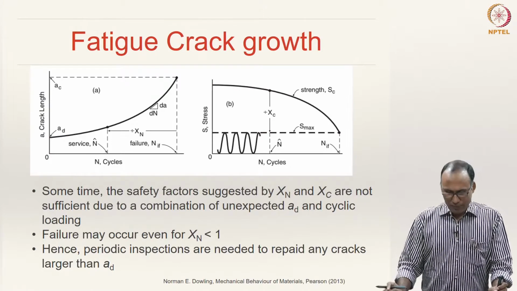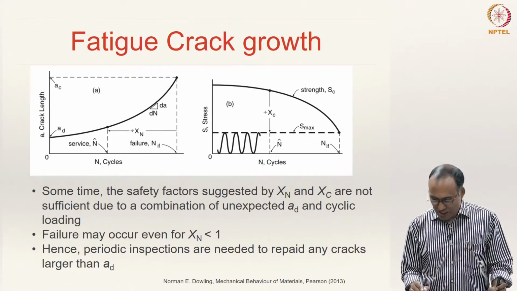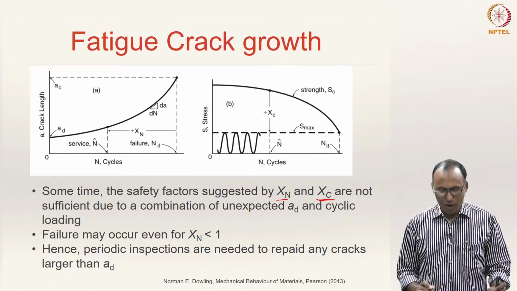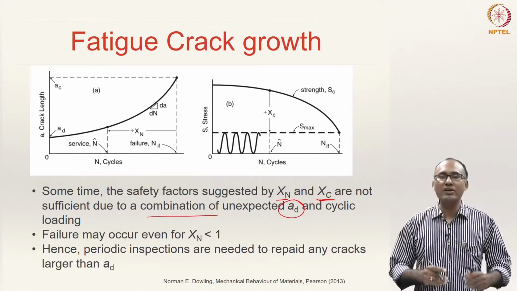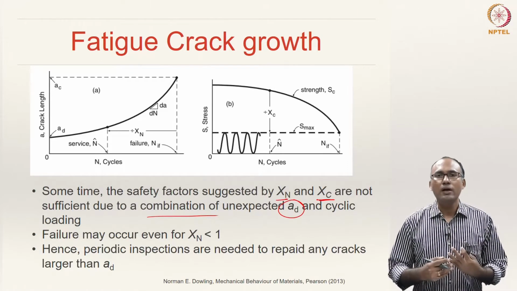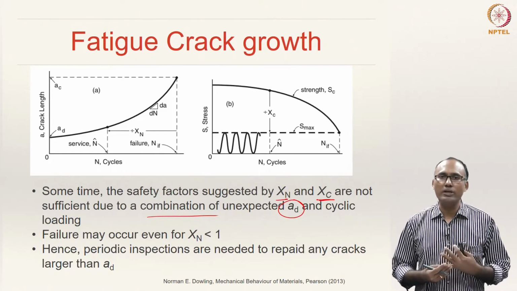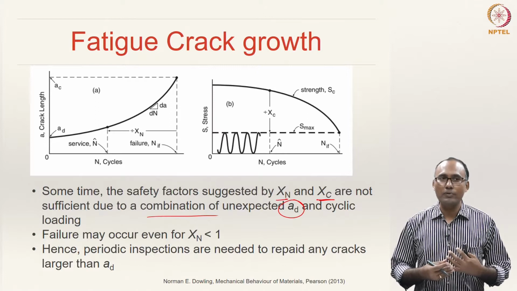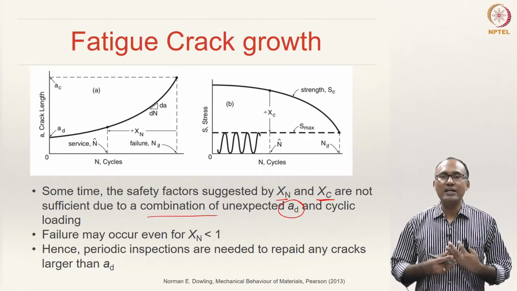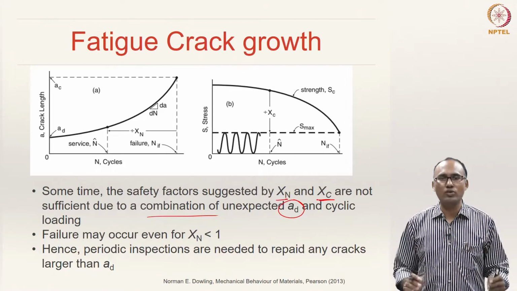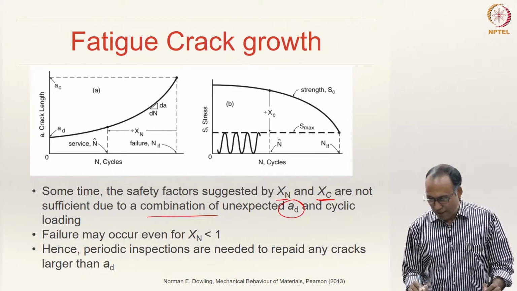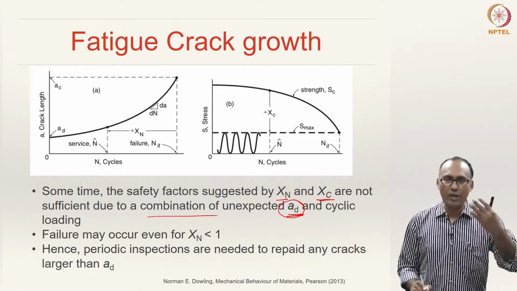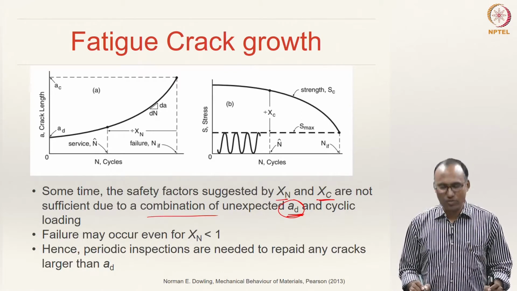So, sometimes however, the safety factors suggested by X_N and X_C are not sufficient due to a combination of unexpected A_D, because the A_D can actually also suddenly change because of the cyclic loading nature and sudden unexpected loads that may be there, or unexpected crack detection mechanisms that are available, and hence the A_D that we have measured might as well have some error associated with it.